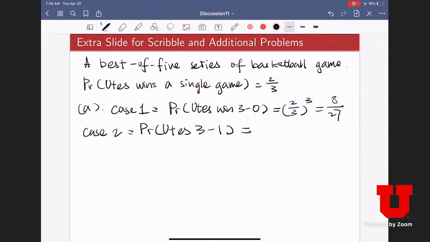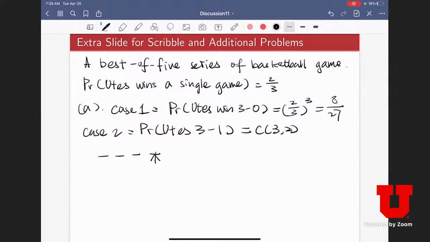So all we want to do is, for the first 3, we need to choose 2 spots, because we know that it has to win the last game. So we want to use 3 choose 2 to pick the first 2.